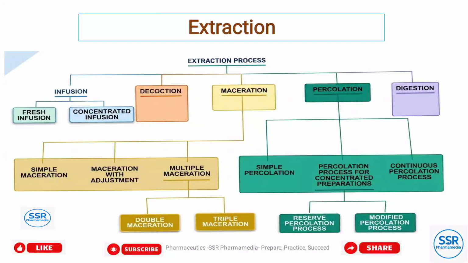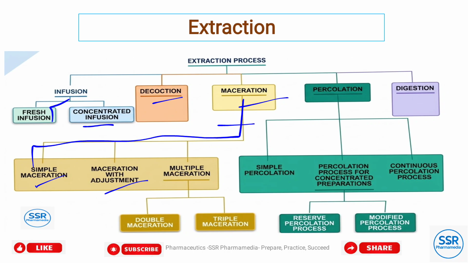Next is the extraction process as a flow chart. The previous slide was the diagrammatic representation; this is the flow chart representation. Infusions are of two types: fresh and concentrated infusions. Decoctions are another type, and macerations are another type. Macerations have three types: simple maceration, maceration with adjustment, and multiple maceration, again of two types.